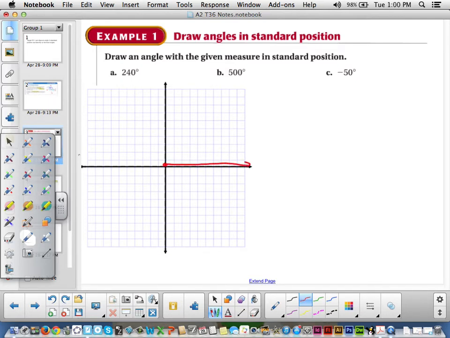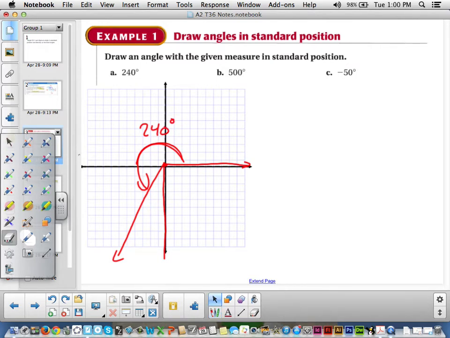So there's our initial side. And then we go 240 degrees around. 180 goes right to here. If we go further, this line down here will become 270, so we don't want to go quite that far. We're going to go about 30 degrees less than that, so we go right to here. That would be an angle of 240 degrees.